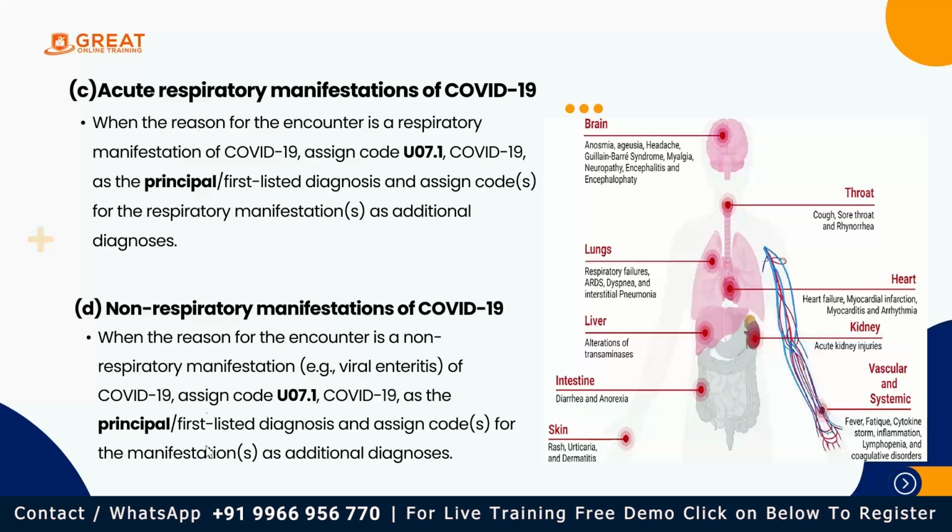So the guideline is the same for both, whether it is a respiratory or non-respiratory manifestation. We have to use U07.1 as the principal diagnosis, followed by an additional code for that particular manifestation.